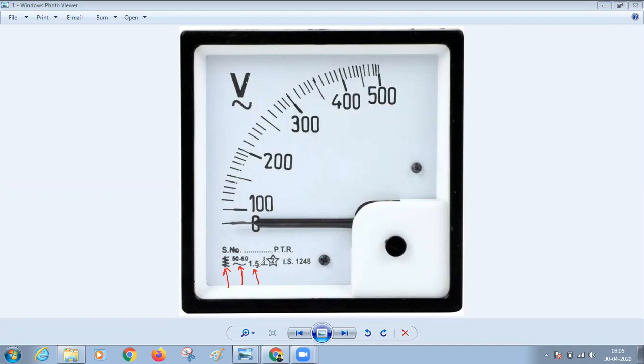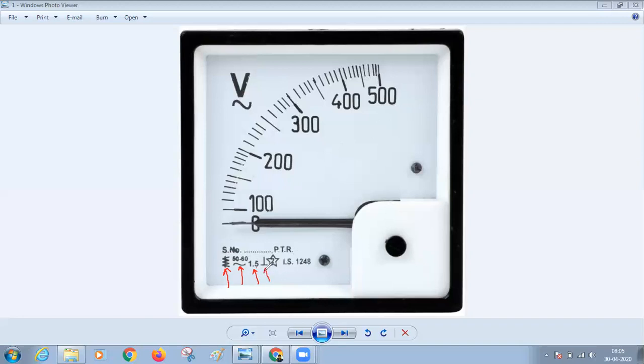With respect to what? Only the number is given, right? So in such a case, the 1.5% error is with respect to the maximum, which is 500. So 1.5% of 500 is the error for this meter.